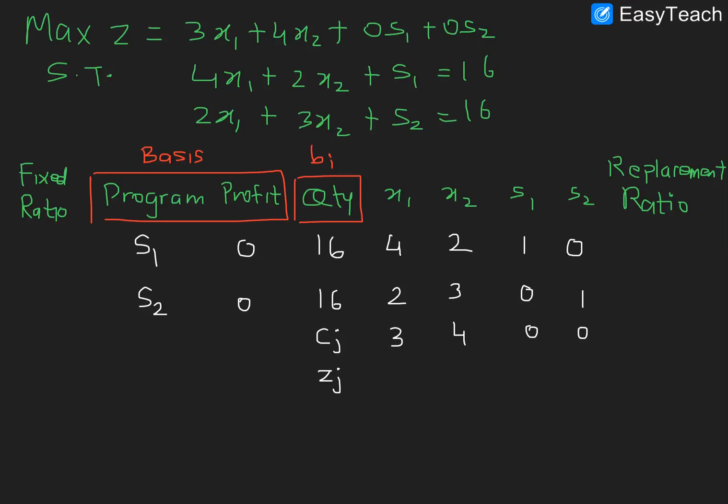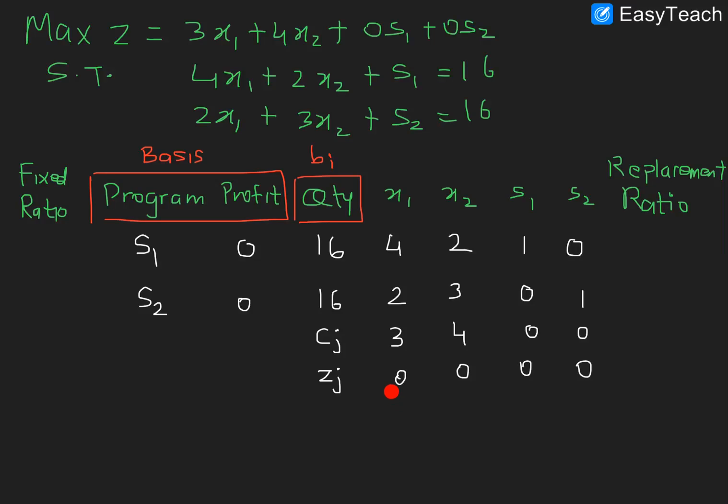Of course not, because anyways my resources are idle. 16 units of labor and 16 units of raw material are idle, and I'm going to utilize that because that's anyways something which is idle and I don't have any opportunity cost for that. So definitely that Zj is simply going to be 0 in the first table only, but as and when we proceed with the second, third, fourth and fifth table, then Zj is going to have some value.